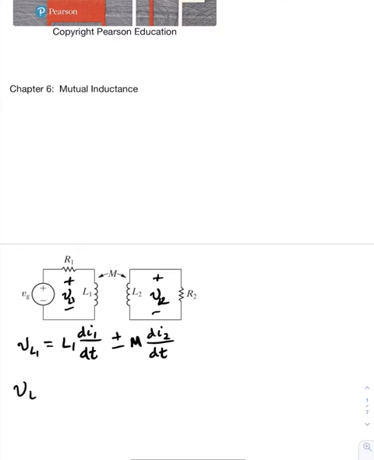And voltage 2 is equal to the inductance caused by the current going through inductor 2, plus or minus the mutual inductance created by current 1 enveloping the magnetic field caused by current 1.